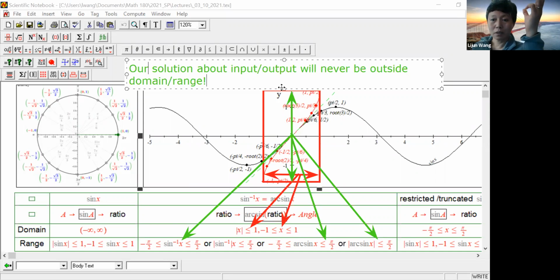That's why knowing domain and range is so important. Knowing domain, you know what qualifies to apply the rule, and knowing range, you know what to expect. Okay, that's the power of domain and range.